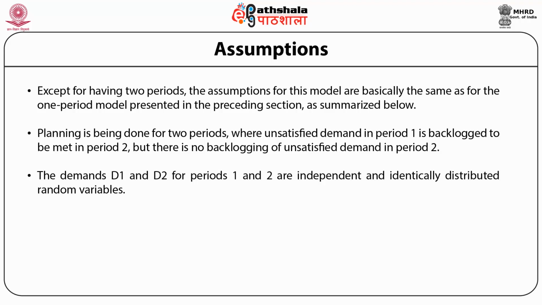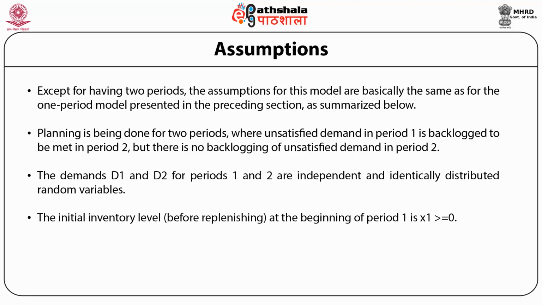The demands D1 and D2 for periods 1 and 2 are independent and identically distributed random variables. The initial inventory level before replenishing at the beginning of period 1 is x1, greater than or equal to 0.